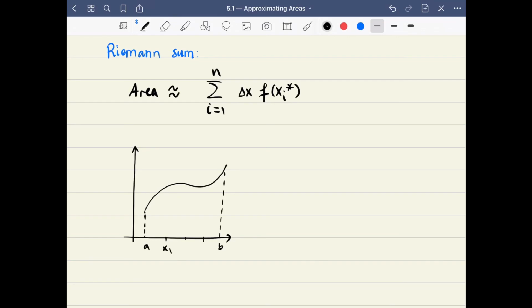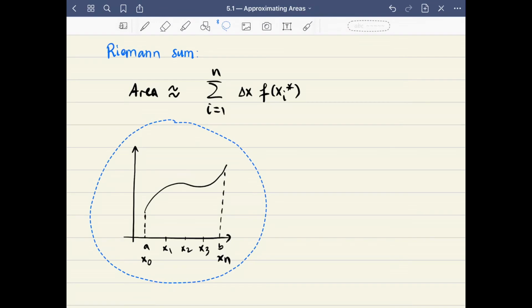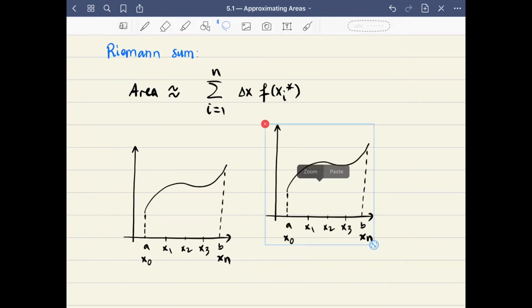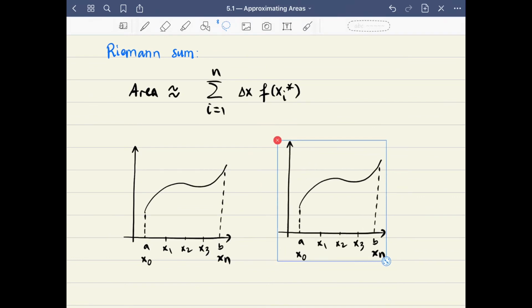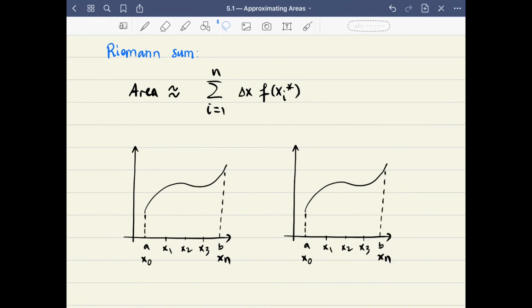So you have x0, x1, x2, x3, and then xn. Let's look at the first picture.